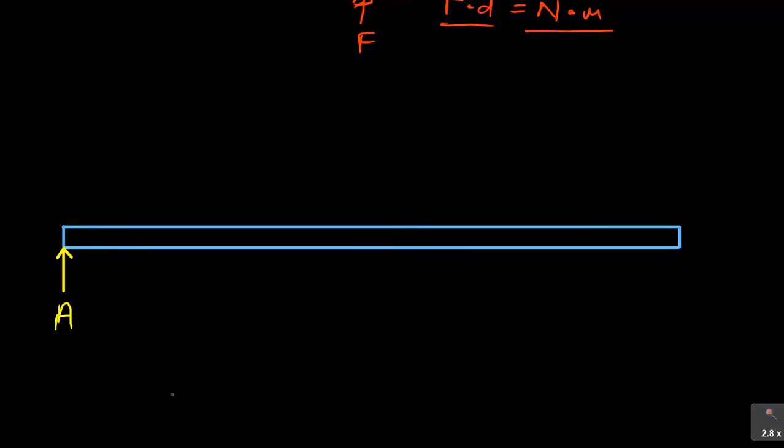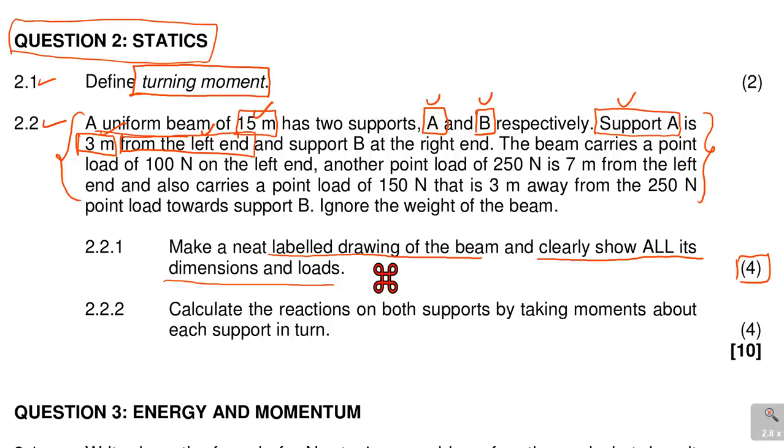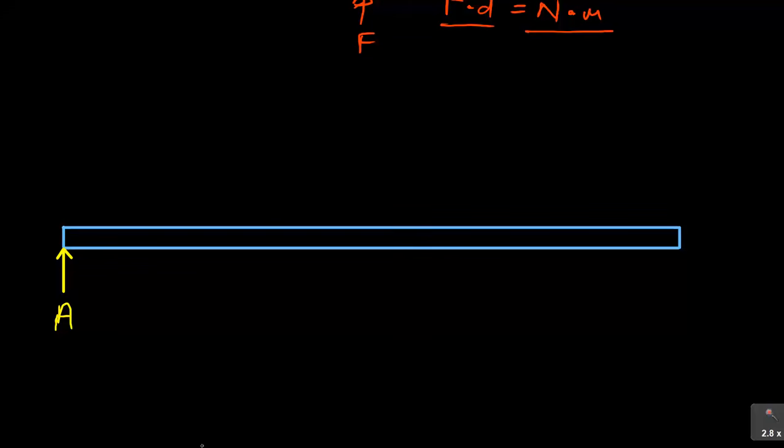And then they say, let me just read again if I'm doing right. They're saying support A is 3 meters from the left end. Actually, this is wrong. I need to draw support A 3 meters from the left end. So this is not 3 meters from the left end. So now I need to start marking my beam to show the distance from this point.